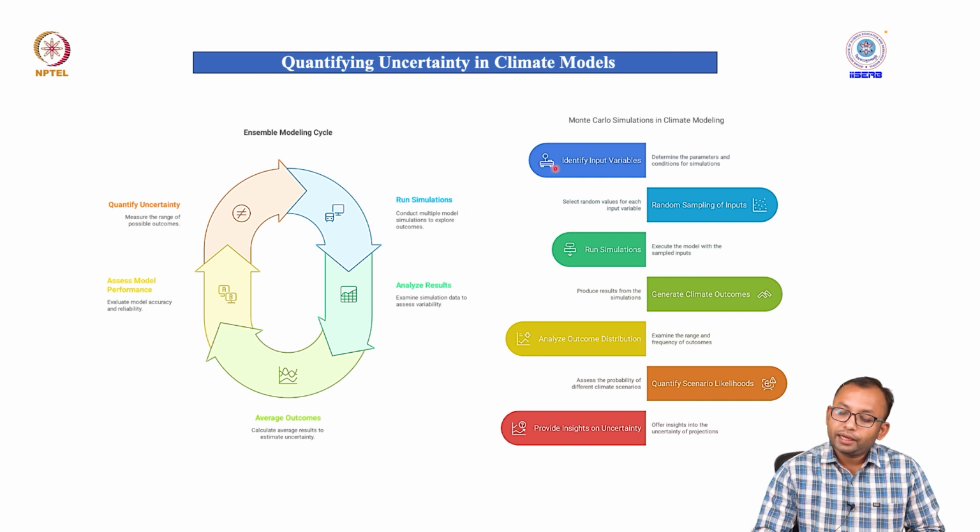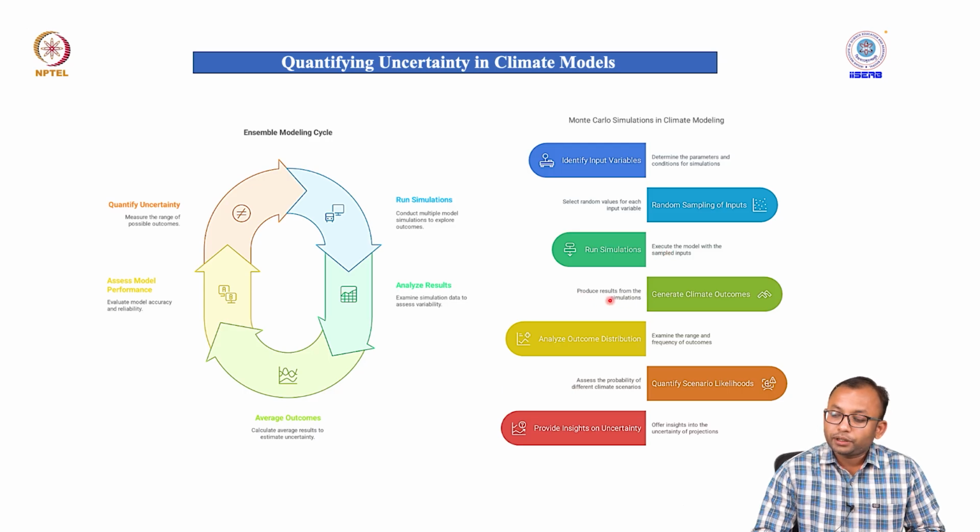There is another way which is called Monte Carlo simulation in climate modeling, where you have to identify the input variables, determine the parameters and conditions for the simulations. Then we select random values for each input variable, which is called random sampling of inputs. Then we run the simulations, execute the models with the sampled input data set.